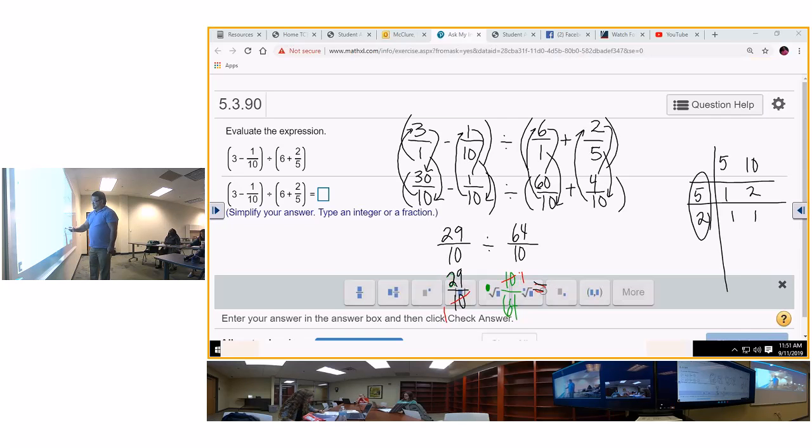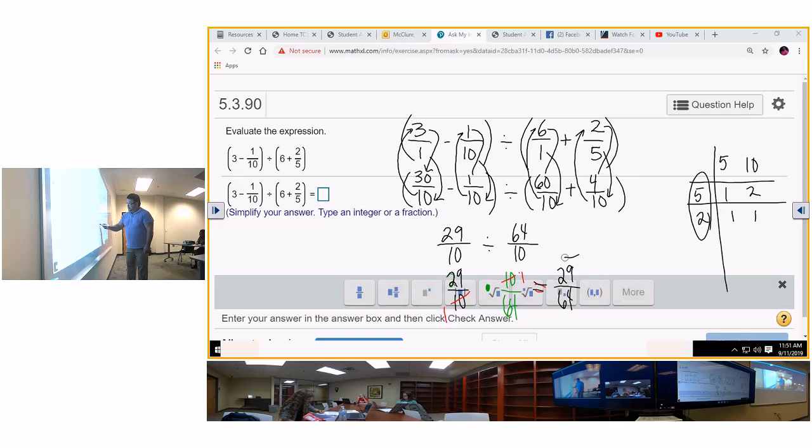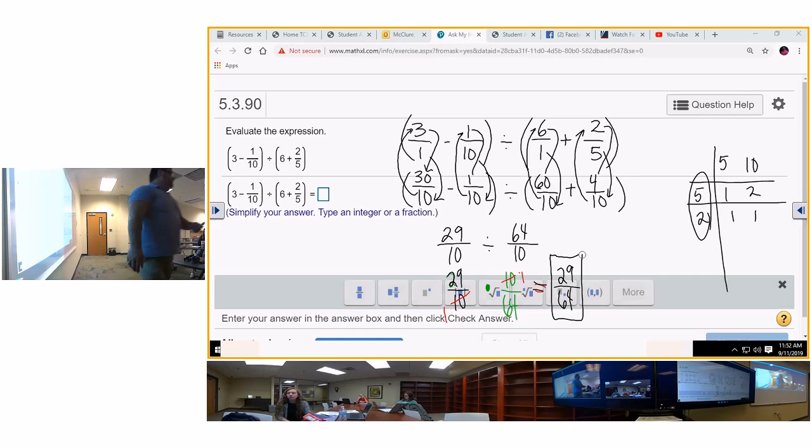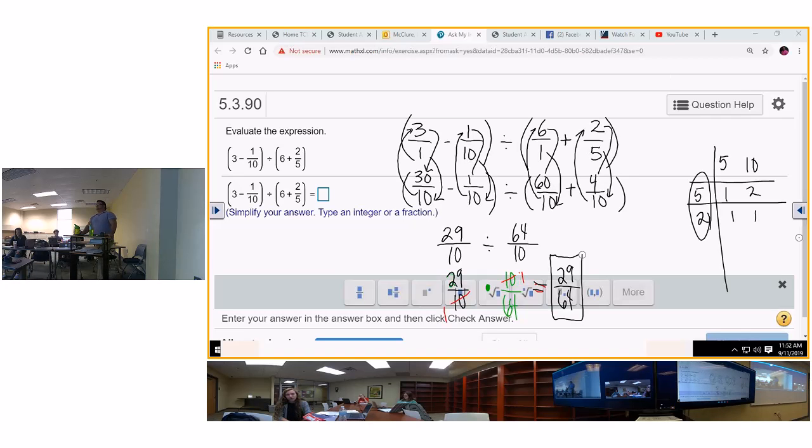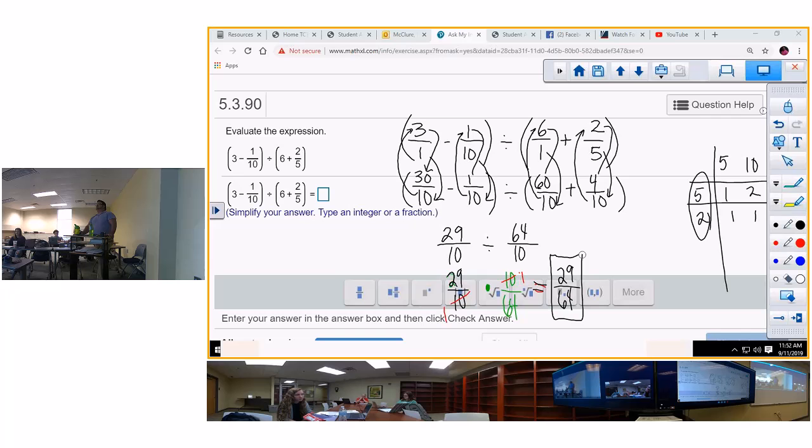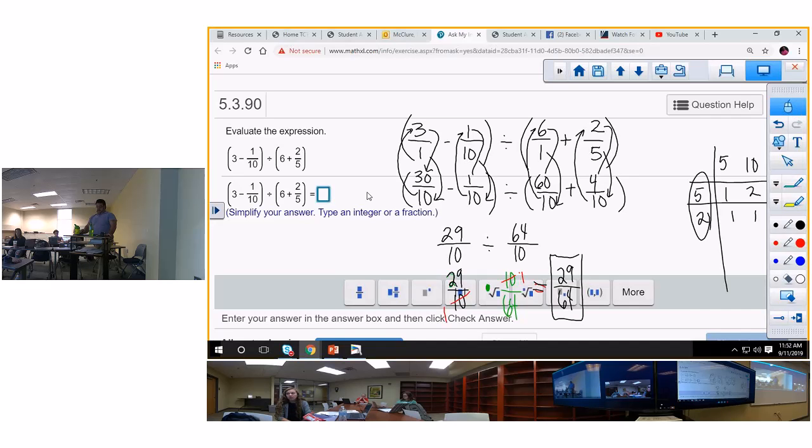And 1 times 64 is 64, so your answer, and since it has a 29 on top, should be 29 over what? 64. 29 divided by 64.